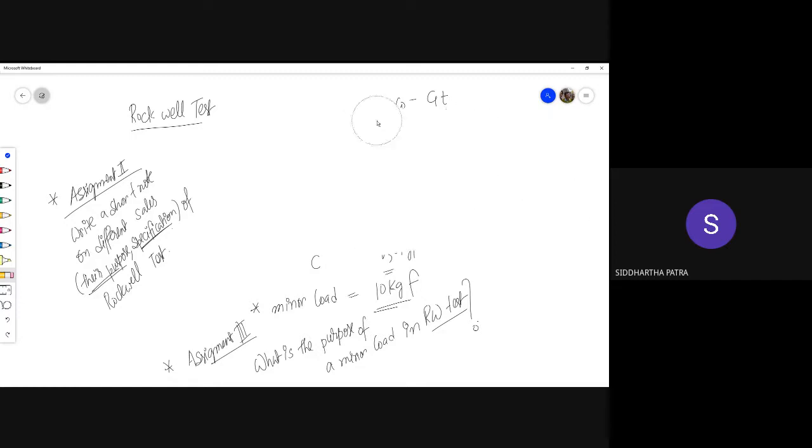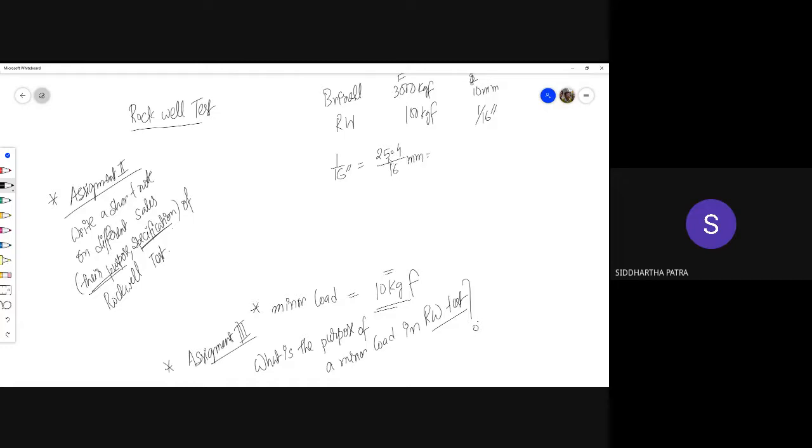But before that, notice one thing. Between the Brinell test and the Rockwell test, F has changed from 3000 kg force to 100 kg force, and the diameter of the indenter has changed from 10 millimeter to 1/16 inch. Now, how much is 1/16 inch? That is 25.4 divided by 16 millimeter.